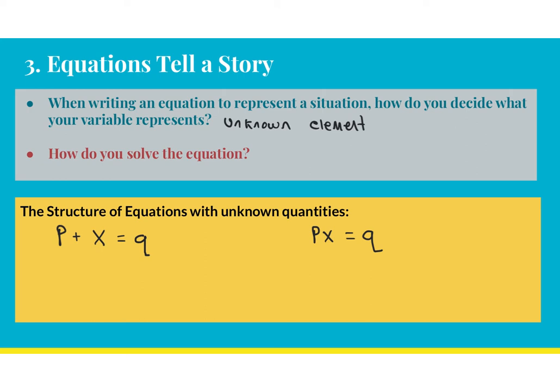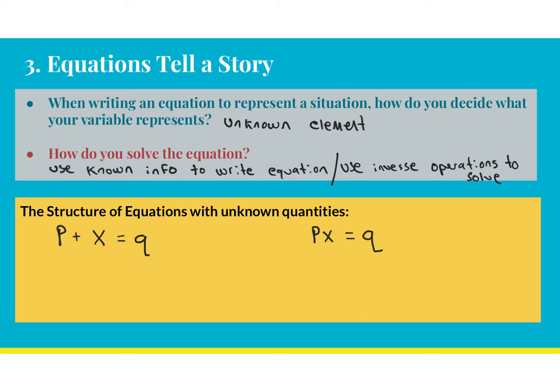And so once we have that variable defined, what do we do to actually solve our equations? Well, what we're going to do is use our known information to set up an equation and then use our inverse operations to undo it. And for the sake of the next few problems that you'll be working on in this lesson, our structure will always be something along the lines of p plus x equals q, where x is our unknown, or p times x equals q, where x is our unknown.